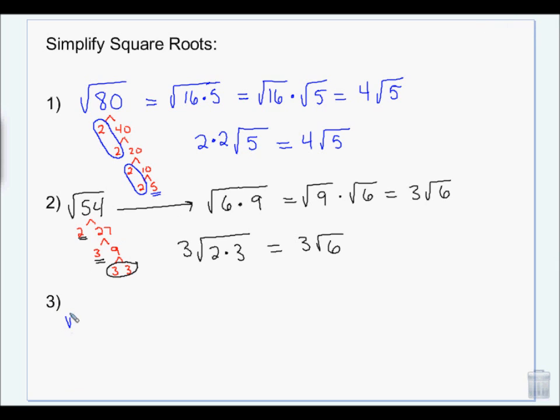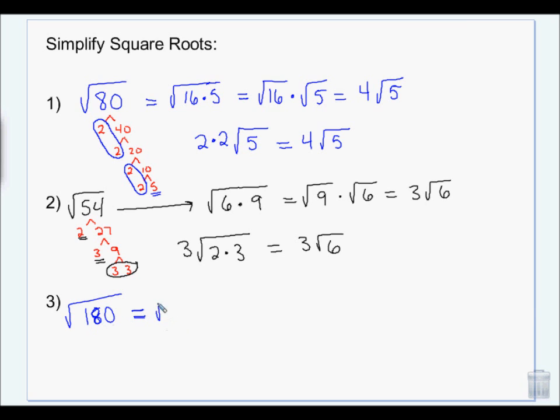The last one that we're going to do like this right now is 180. Anybody know the perfect square inside 180? Me either. Now I know there's a 4.